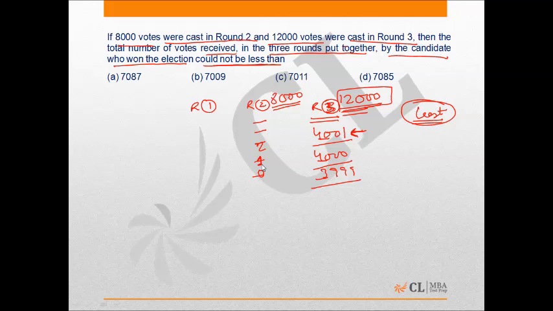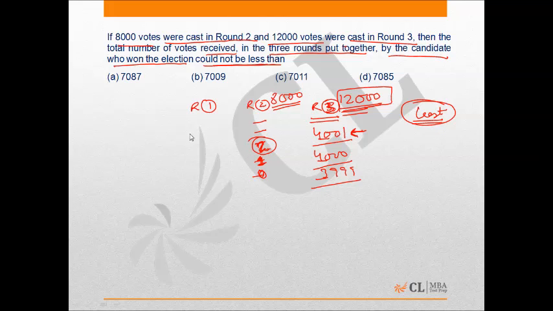Why? Because I have to calculate the least possible number of votes received by the candidate such that he ends up as the winner in round 3. So in round 2 I will just qualify that candidate such that he reaches round 3 and ends up as the winner of the election.